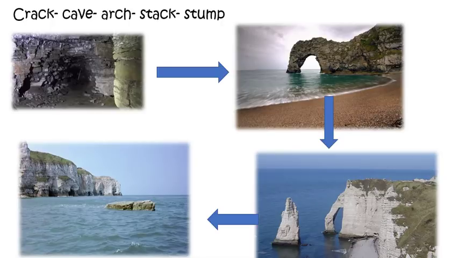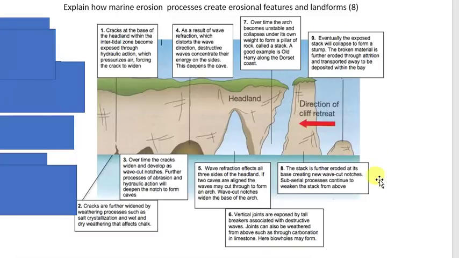It doesn't change. The thing that does change from year 8 or from GCSE is this bit. You can see it's still the same stages, crack, cave, arch, stack, stump, but the examiner, especially for top band, is going to want to see each stage expanded on in detail.